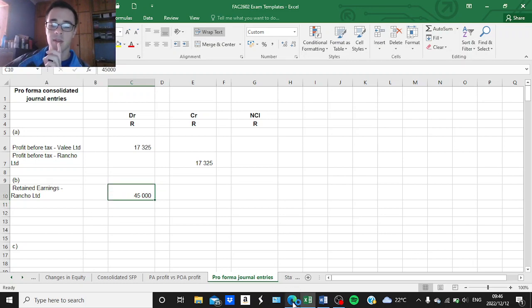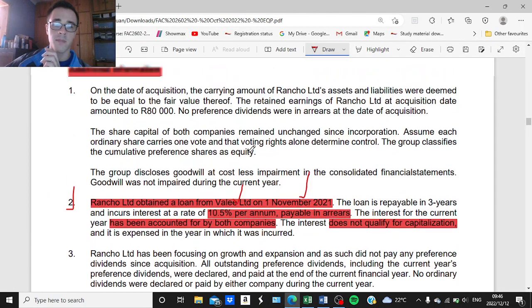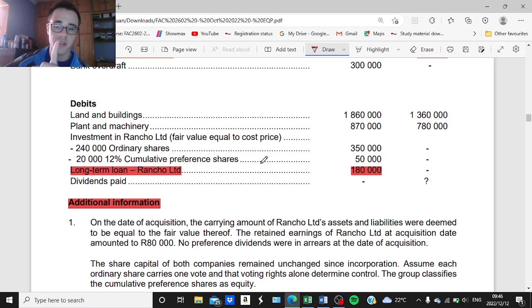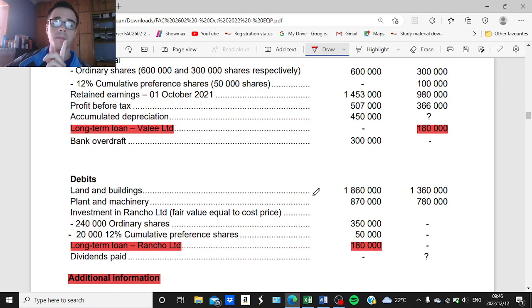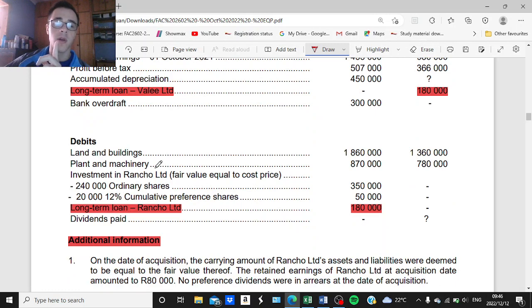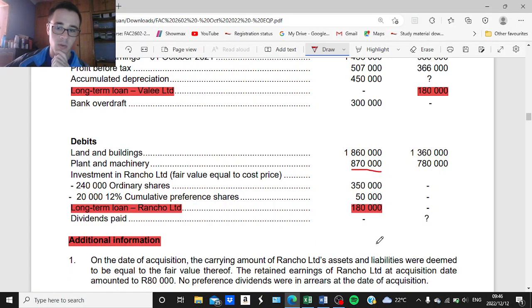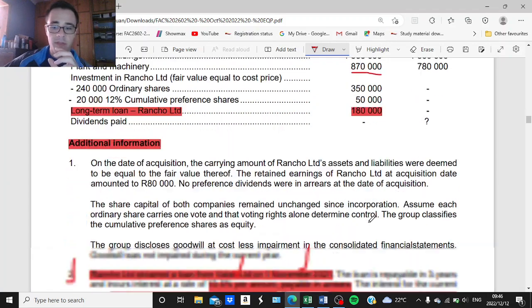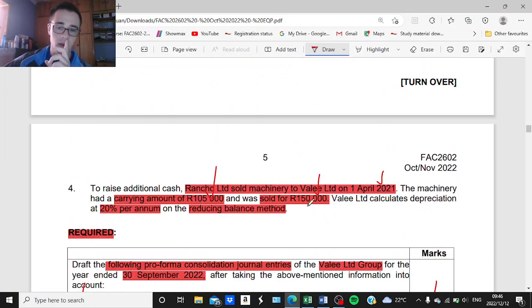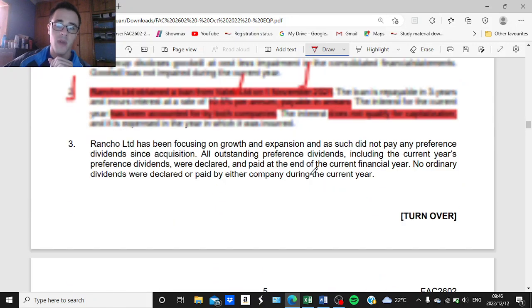And keep in mind that the unrealized profit amount of 45,000 Rand would be part of the plant and machinery carrying value in Valley Limited's records. Because remember that Valley Limited would have recorded the value of 150,000 as the cost of the machinery purchased from Rancher Limited.